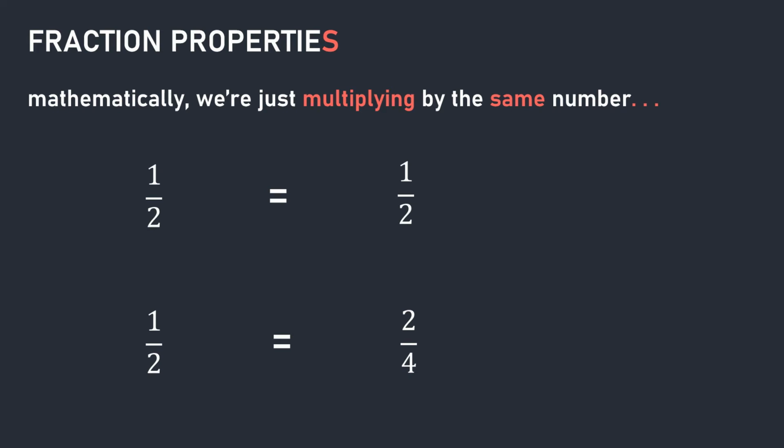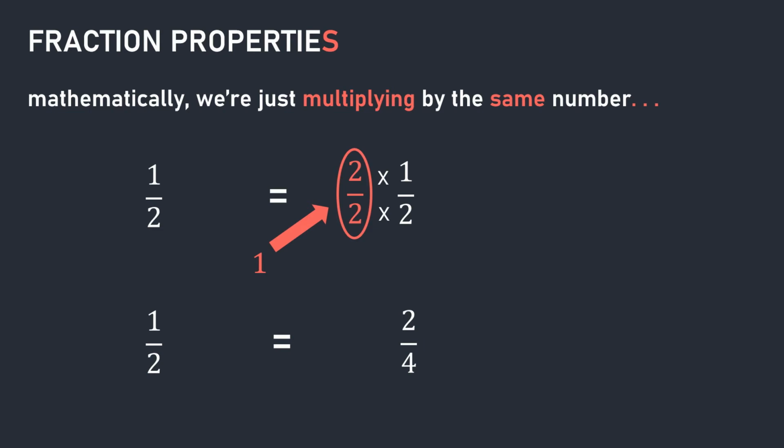All good. Now I'm going to multiply both the numerator and the denominator of the second fraction by the same number. And I'm going to choose the number 2. Now notice that just like our previous example where we had 8 over 8 equals 1, 46 over 46 equals 1, this 2 over 2 also just equals 1 because the numerator and the denominator are the same.